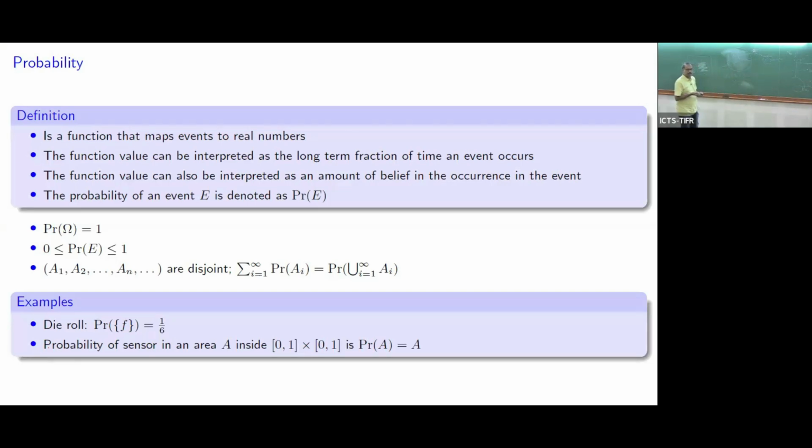This is the kind of scenario which we are trying to model using the probability space, sample space, probability and events. Any questions here?